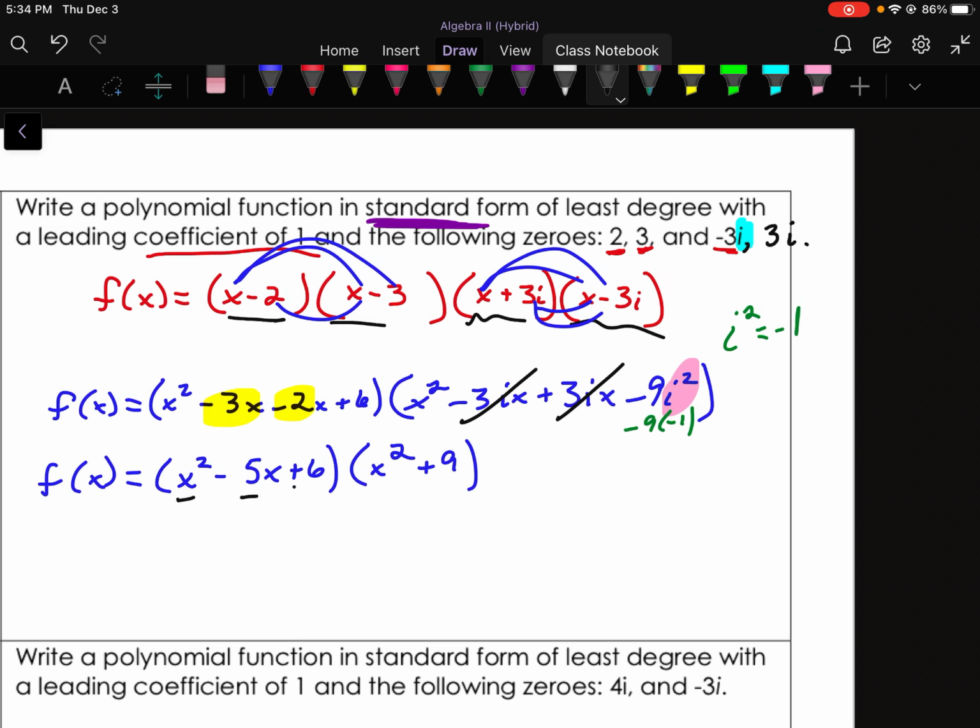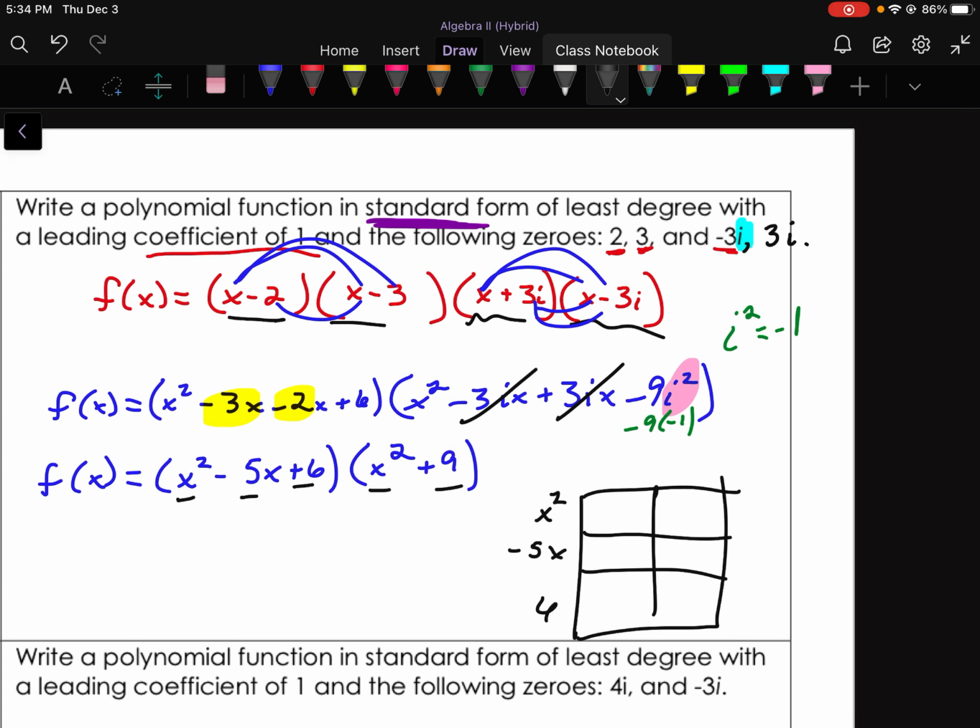Now I'm going to make it a 3 by 2, because my first polynomial has 3 terms, so I'm going to put x squared, negative 5x, and 6, and my second polynomial has x squared and 9. And you can multiply this way too. It's just like reverse factoring, so it works out the exact same.